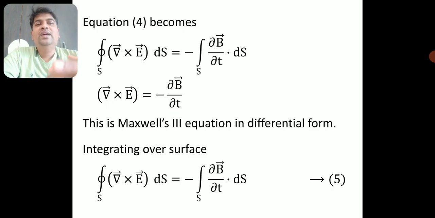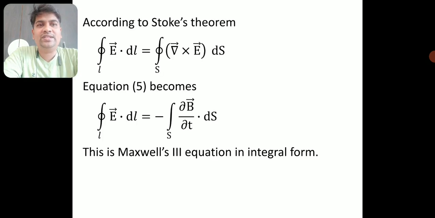Now let us find the integral form of Maxwell's equation. It is simple: you take a surface integral on both sides of the differential form of Maxwell's third equation. The surface integral of curl of E dot ds is equal to minus surface integral of ∂B/∂t dot ds.